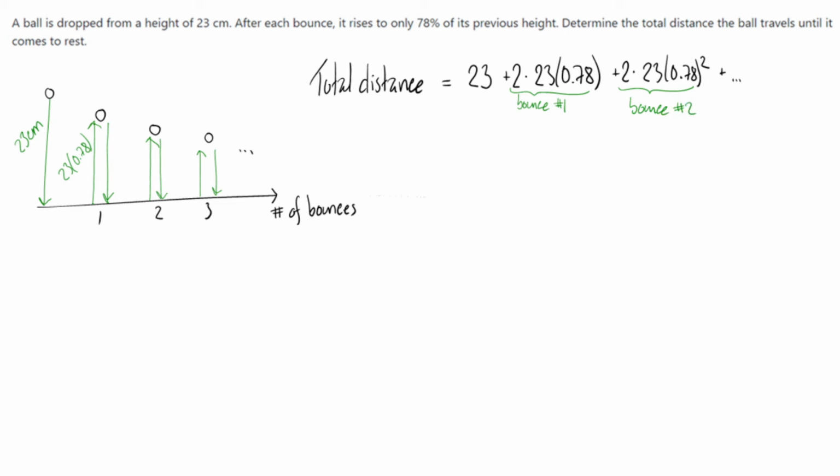So this is going to be 23 plus an infinite geometric series. We can clean this up a little bit by multiplying the 2 times 23. So this could be written as 23 plus 46 times 0.78 plus 46 times 0.78 squared plus, and so on.